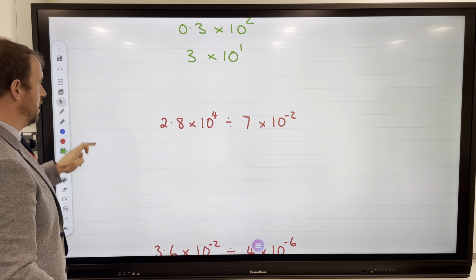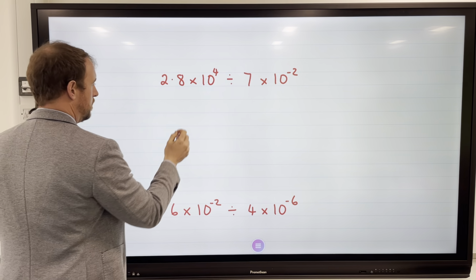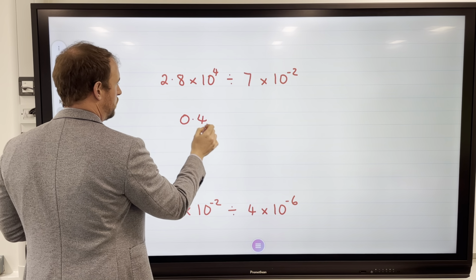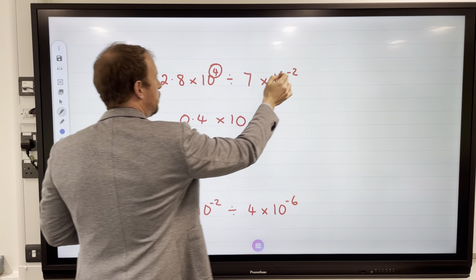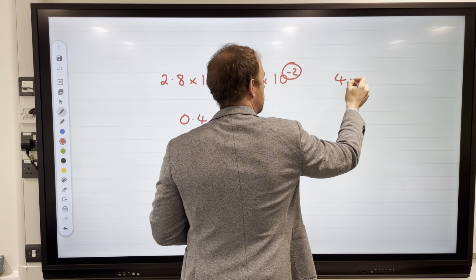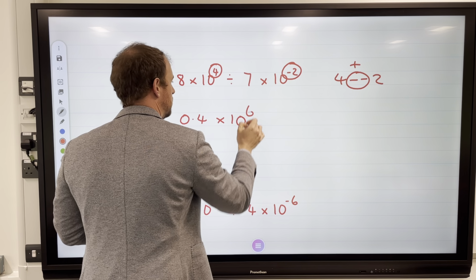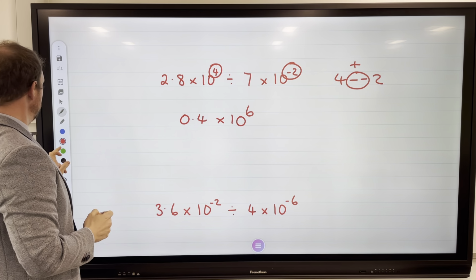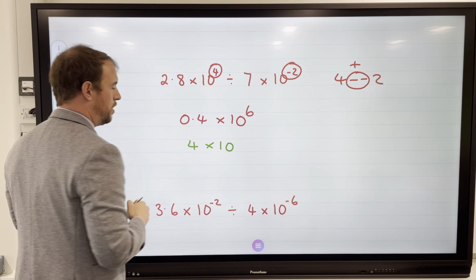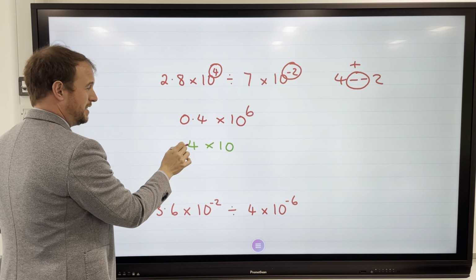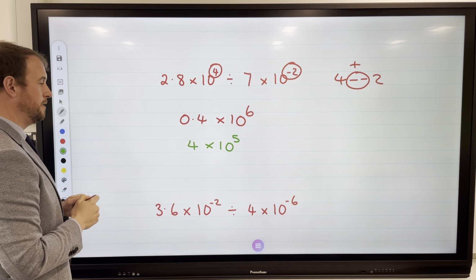Here then, 2.8 divided by 7 is 0.4 times 10 to the power of 4 take away minus 2, minus the minus is a plus, so that'll be 6. Let's make it a standard form. 4 times 10 to the power of, well, if this is 10 times bigger, this is going to be 10 times smaller.